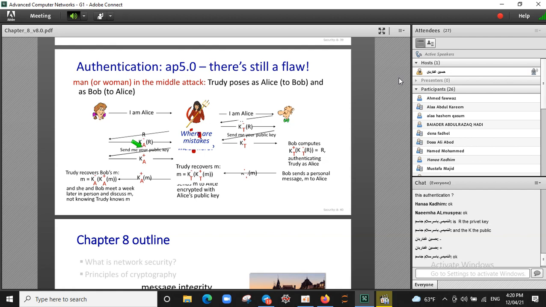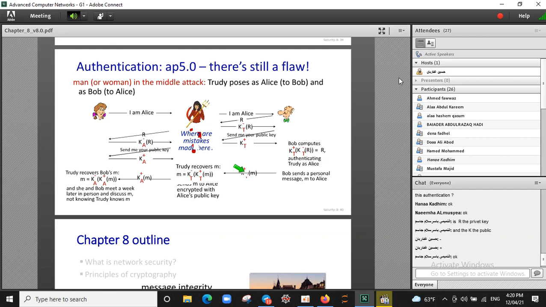This key is Alice's private key, Alice's public key, Trudy's private key, Trudy's public key.